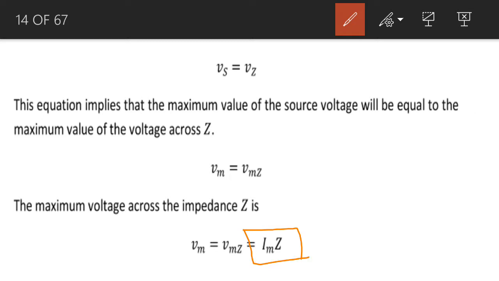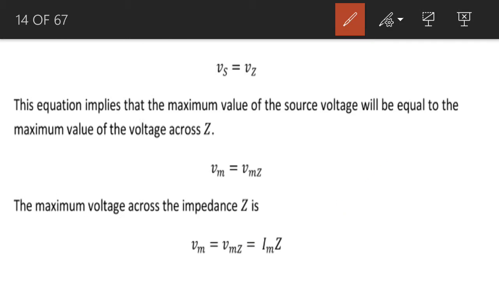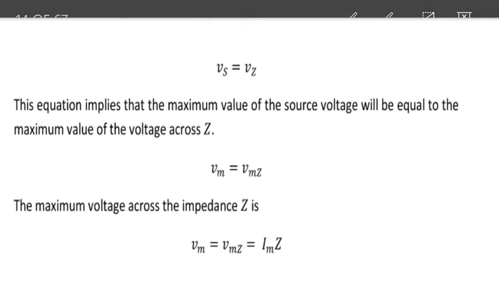And what we do, we put this value of the maximum value of the AC voltage in this equation.